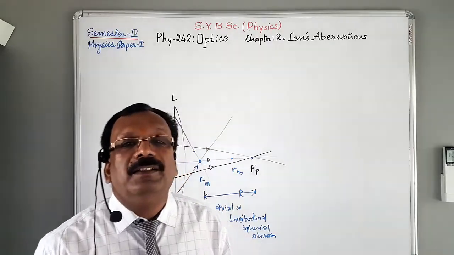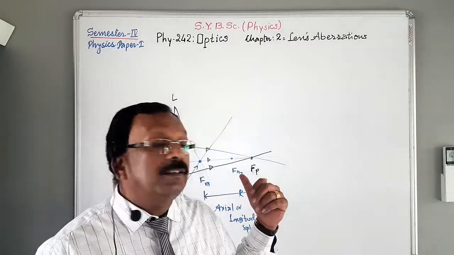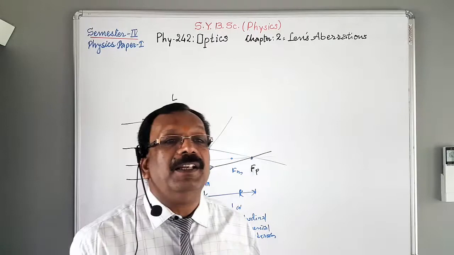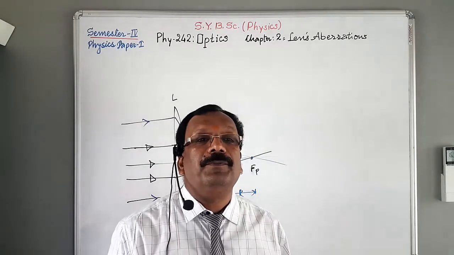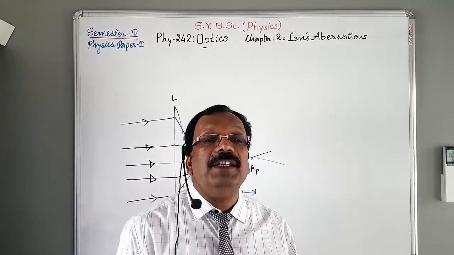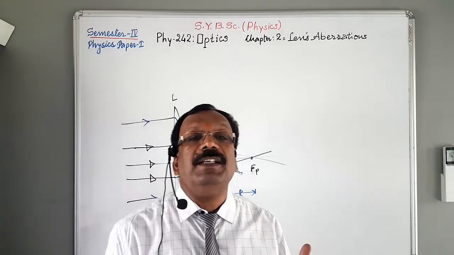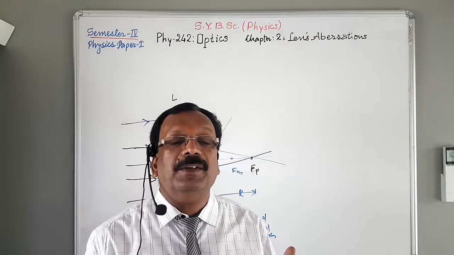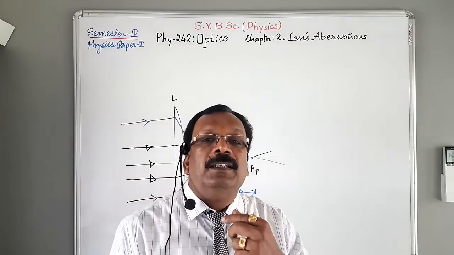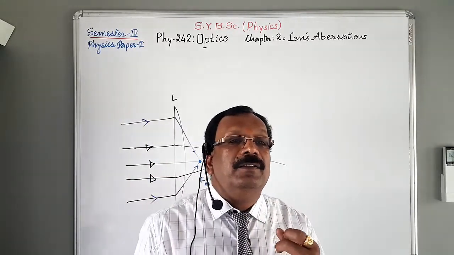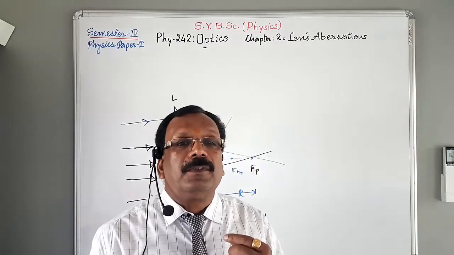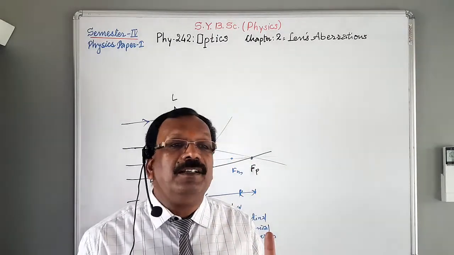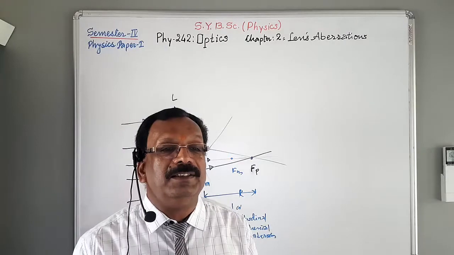It is observed that longitudinal or axial spherical aberration will be minimum, or can be minimized, if the total deviation is equally shared by the two surfaces of the lens.